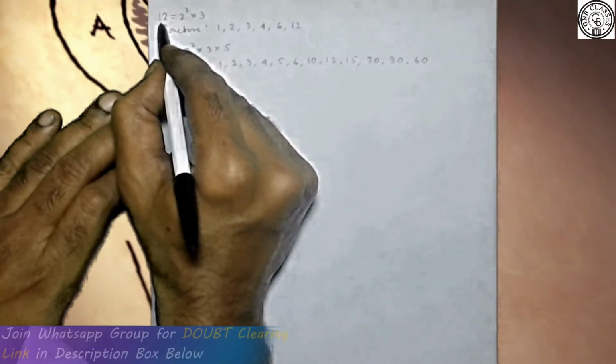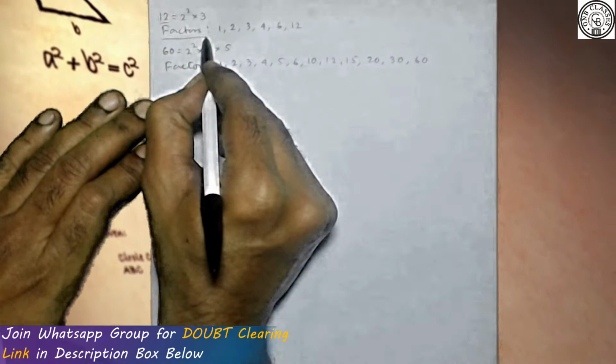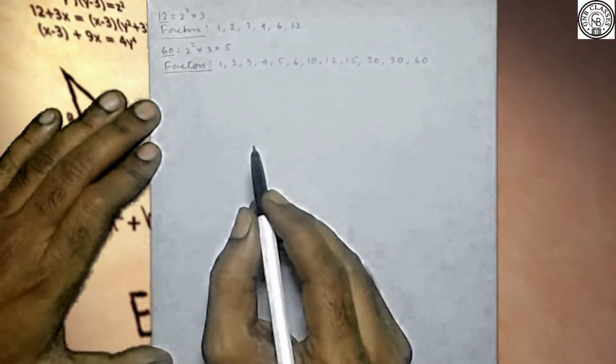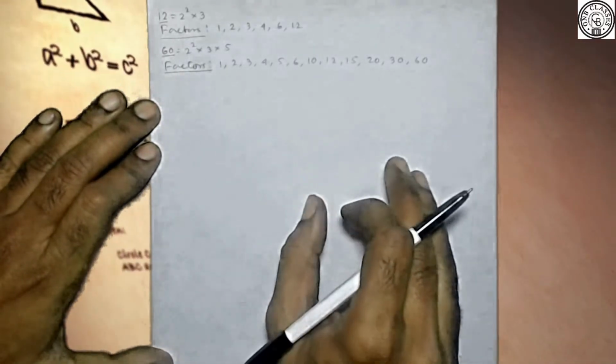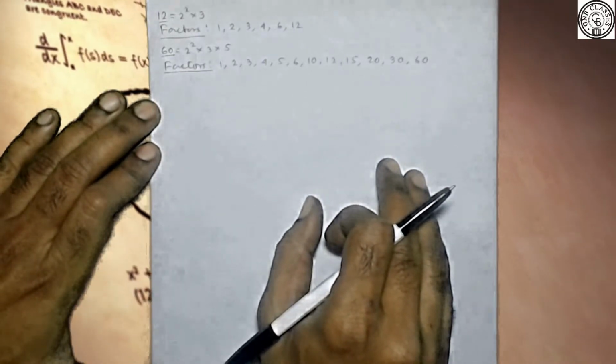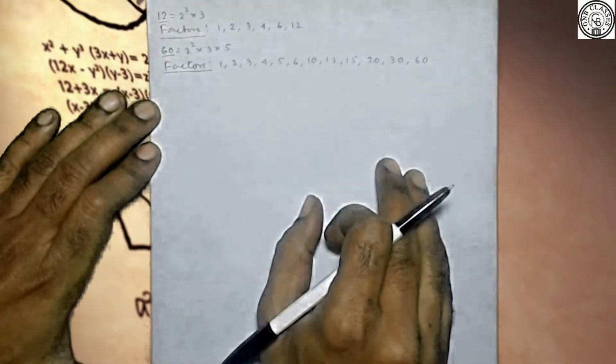Here I have written the prime factorization of 12 and its factors or divisors, and the prime factorization of 60 and its respective divisors or factors. Now let us try to bring some twist in the problem. We already know how to find the number of divisors of any natural number. I have shown it in my first class.